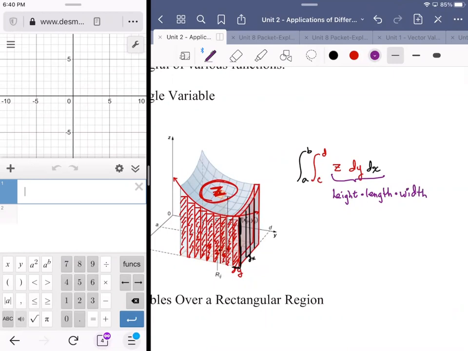Height times length times width, or height times width times length, would both give you volume.